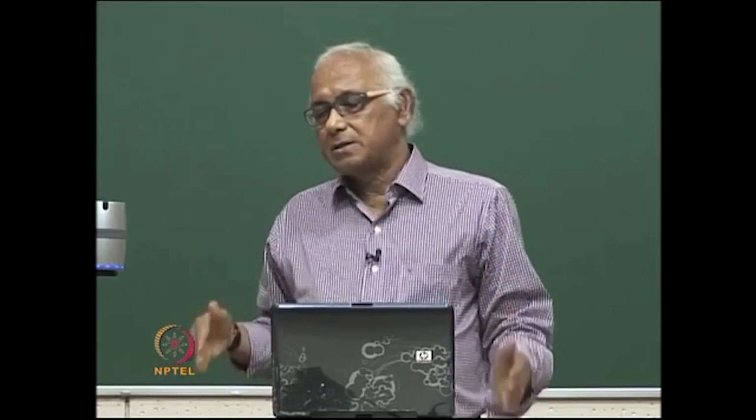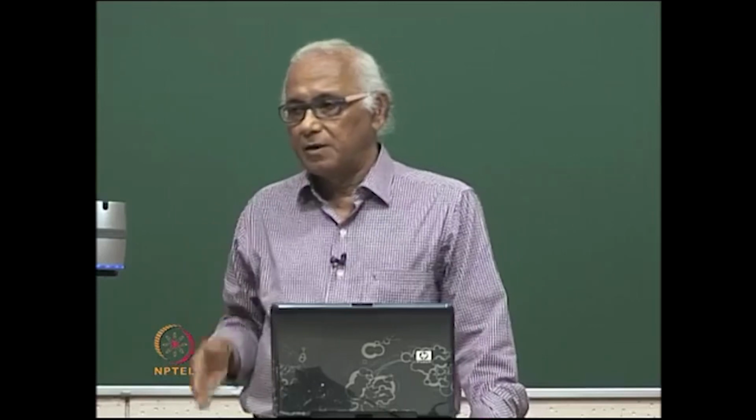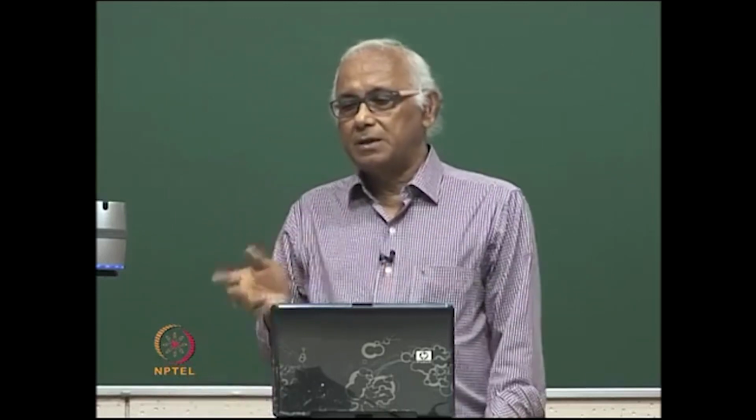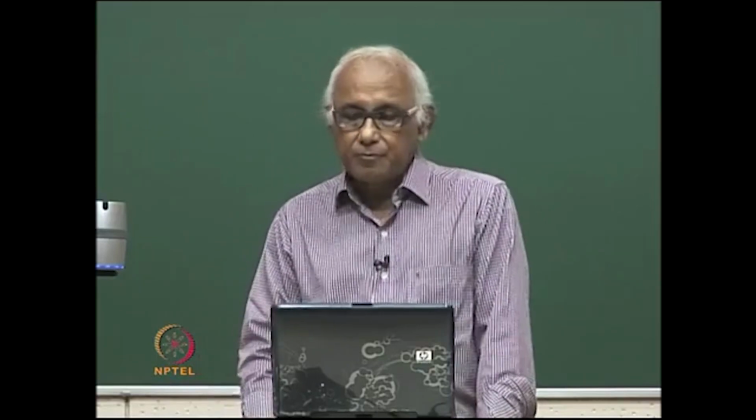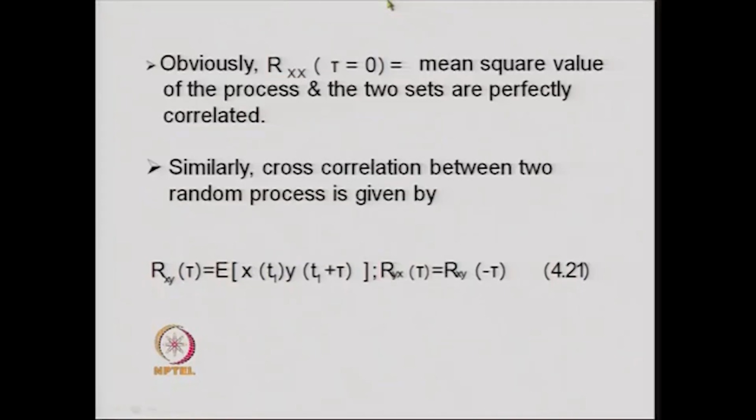At that particular time we multiply them over the ensemble and take an average. That is how we define Rxy(tau), and it can easily be shown that Rxy(minus tau) is equal to Ryx(tau). That is a property that can be easily proved.